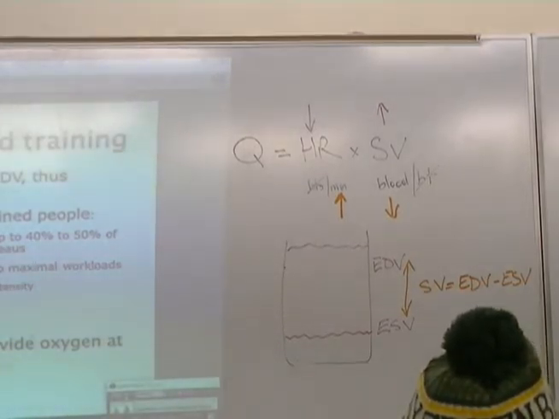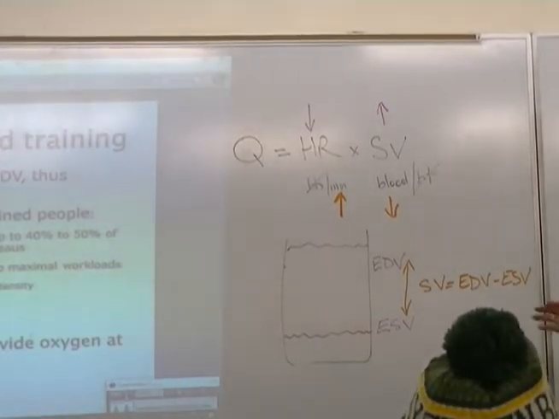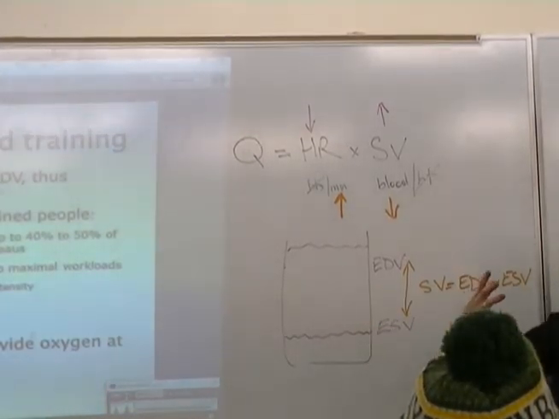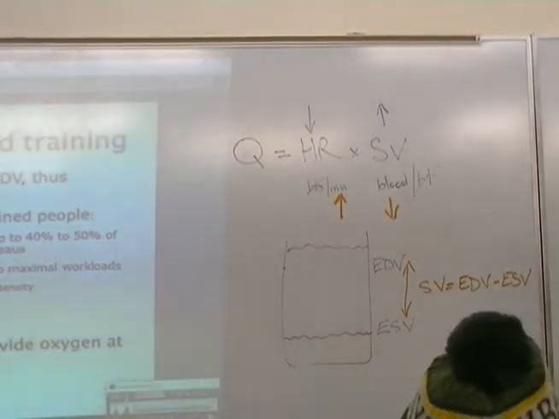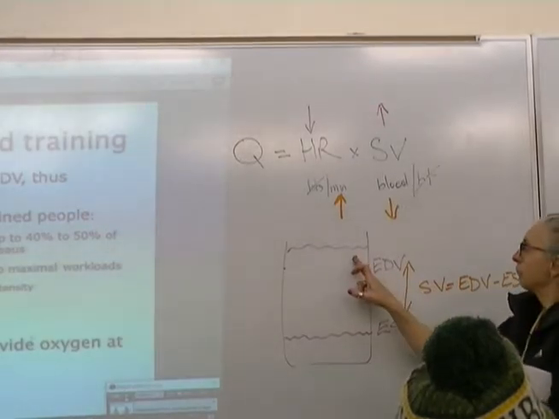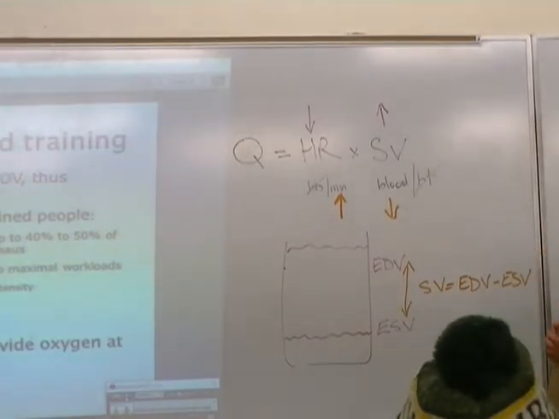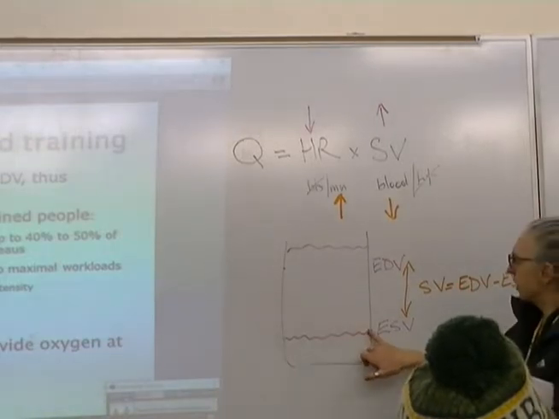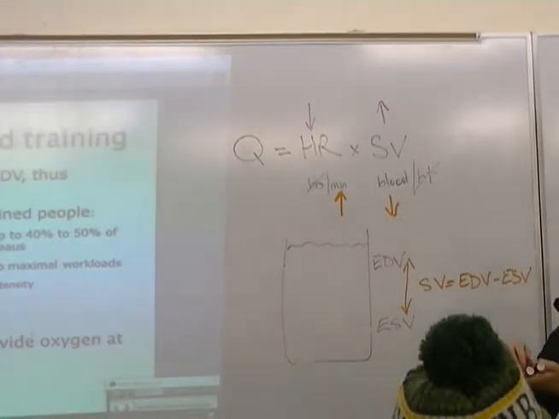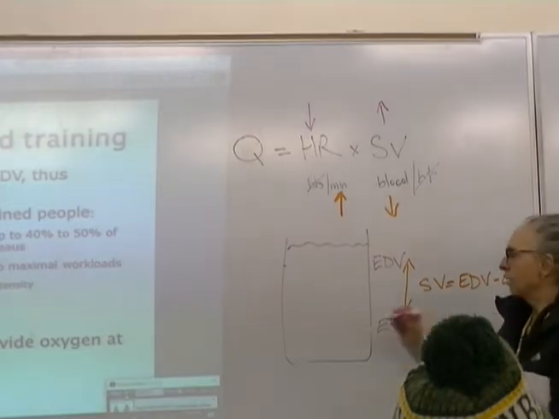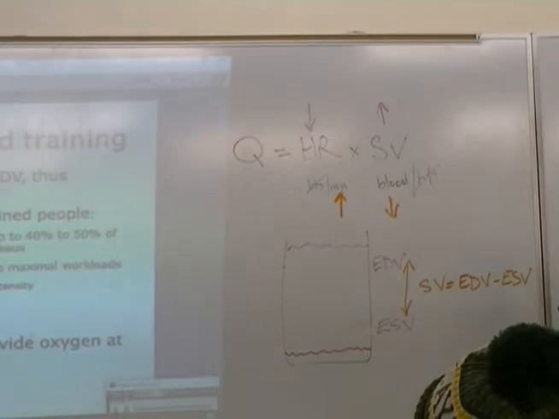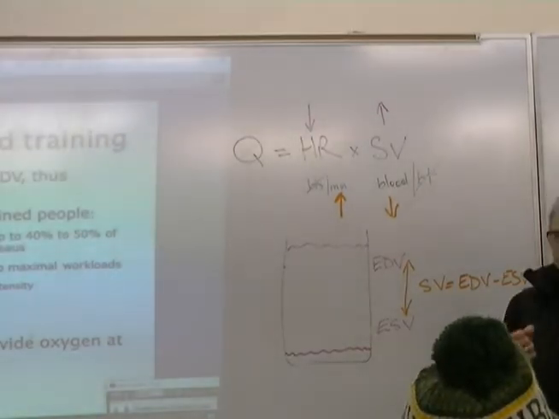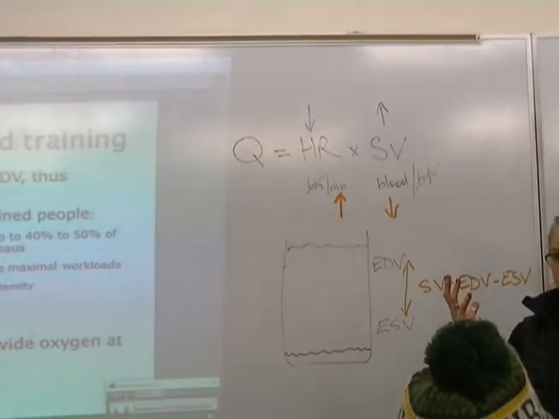So at the end of the relaxation phase, in someone who does a lot of aerobic work, they've got more blood filling up their heart than someone who is sedentary. In some people, we also see, because the heart gets stronger and thicker, a decrease in end systolic volume, because it can contract harder and so it squirts more blood out during the contraction.